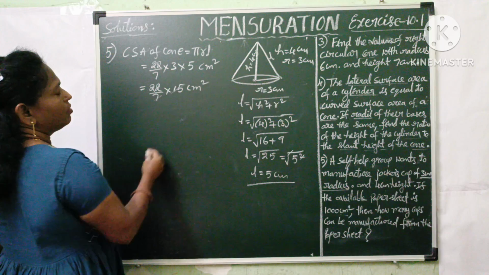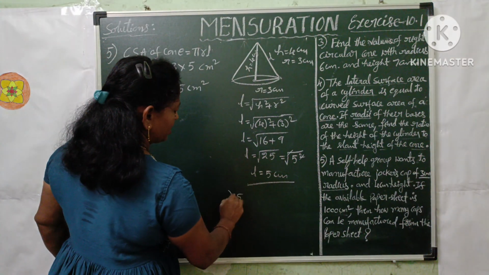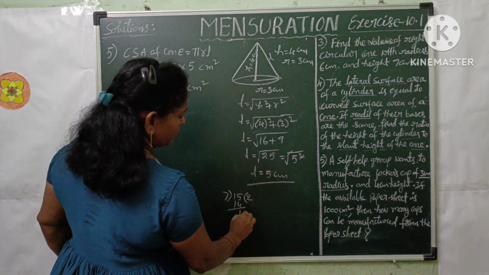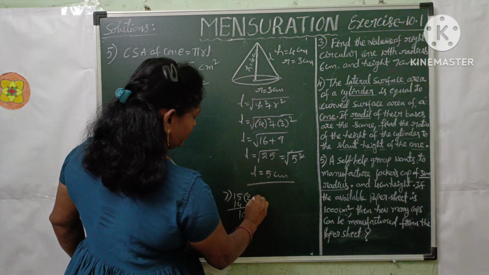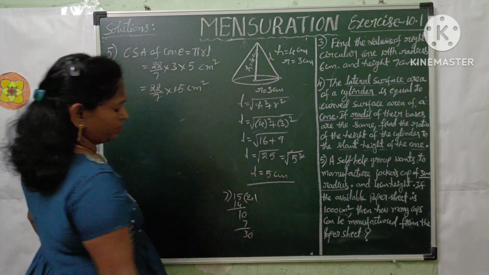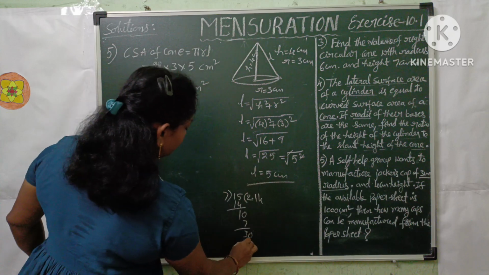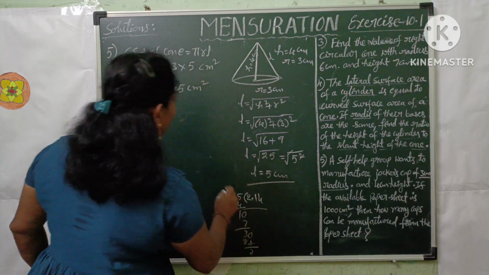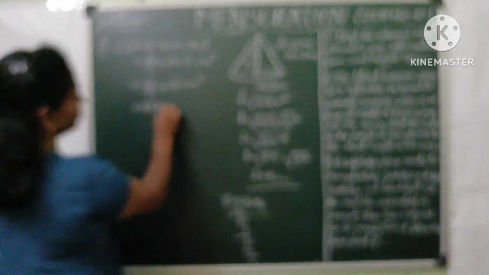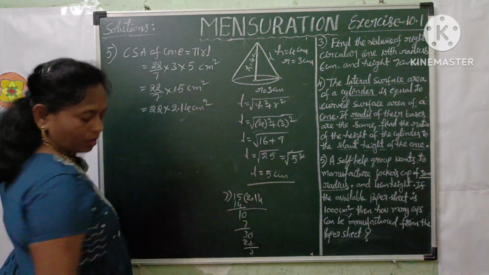Now we have to do the division: 15 divided by 7. 2 times 14, 1, 0. Then 10 divided by 7, 1 times, 7, 3, 0, and so on. So here we have to use 22 into 2.14 centimeter square.